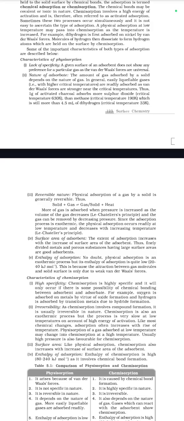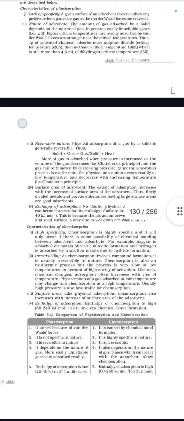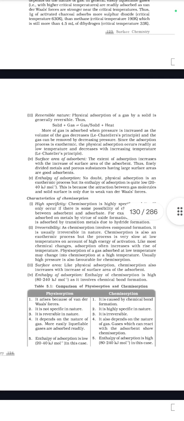In general, easily liquefiable gases, that is, with a higher critical temperature, are readily adsorbed as van der Waals forces are stronger near the critical temperature. Thus, 1 gram of activated charcoal adsorbs more sulfur dioxide, critical temperature 630 Kelvin, than methane, critical temperature 190 Kelvin, which is still more than 4.5 ml of dihydrogen, critical temperature 33 Kelvin.